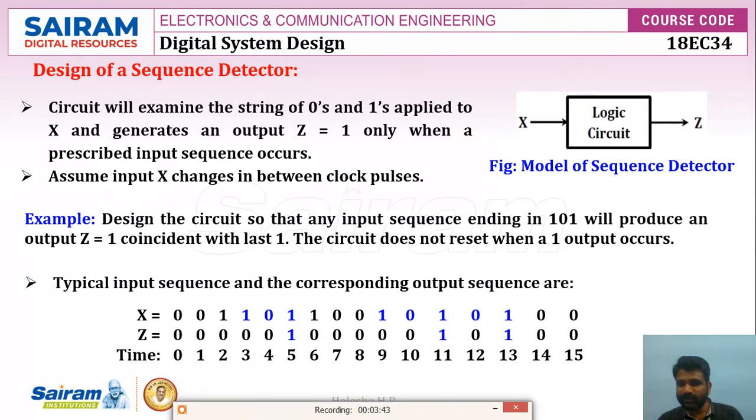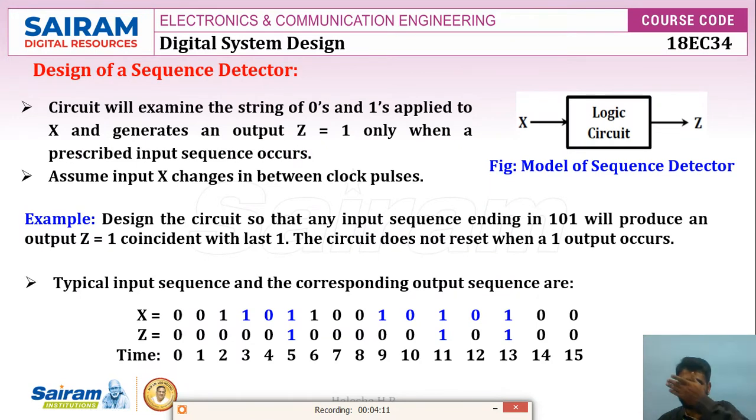And observe again, at this point output is 1. That means this 1 will be the last one of the previous 101 sequence, correct? And this will be the first bit of the next sequence. So one bit is overlapped, so overlapping is allowed.